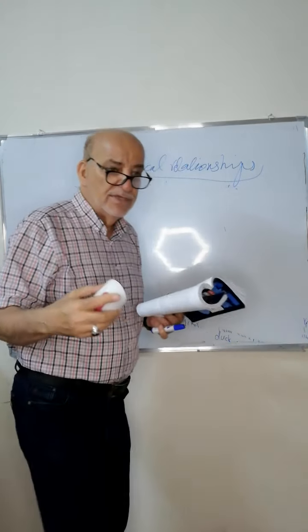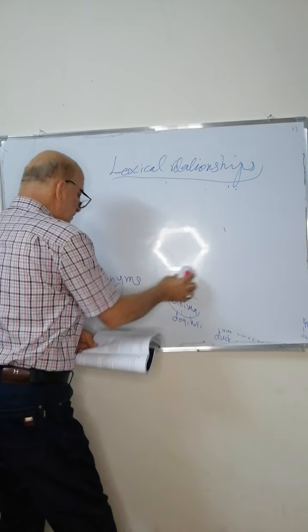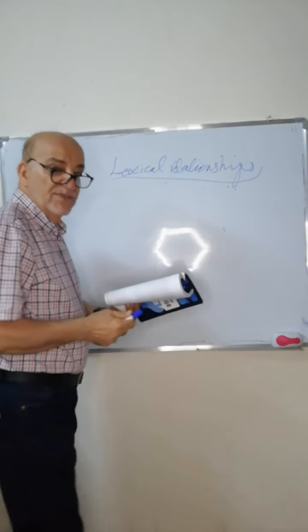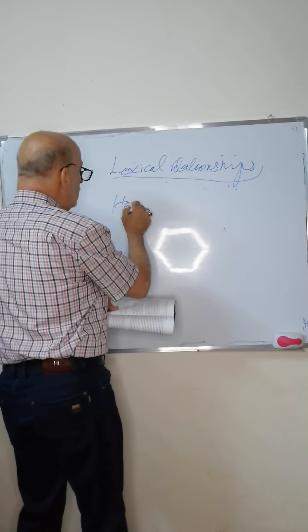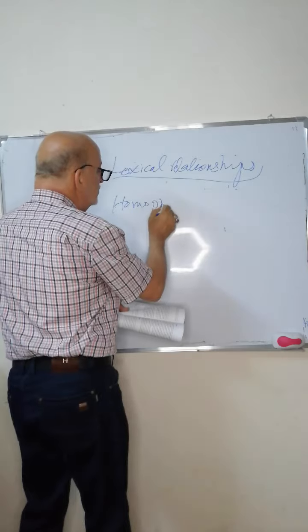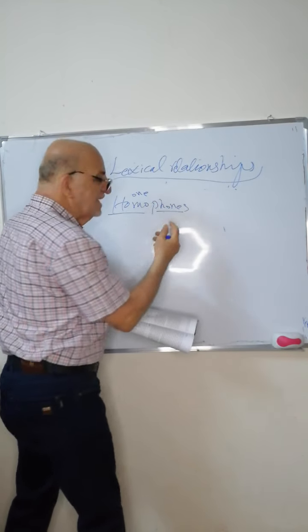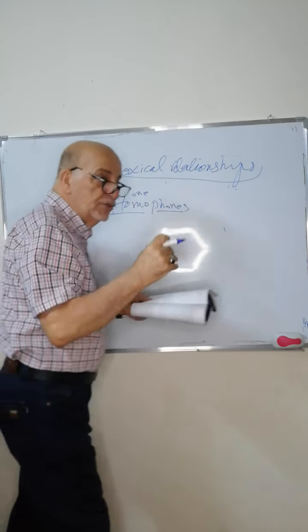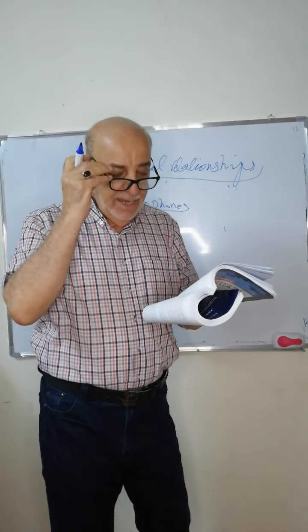Now we are talking about words you can understand from their pronunciation. When you say homophones, homo means one, phones means sound. So one sound. Two words have the same sound.